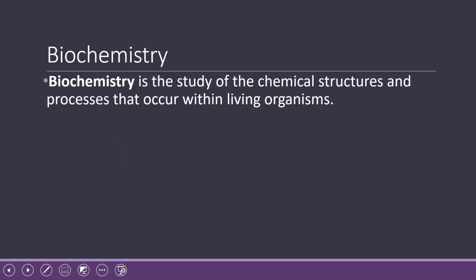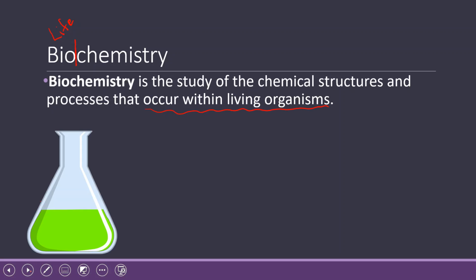Biochemistry is really cool because it is where biology and chemistry intersect. Chemistry is just looking at how atoms and molecules interact and form different things around us. And biology, that little prefix bio there, means life. So we're looking at the chemistry of life. Not just chemical structures and processes, but ones that occur in living organisms.